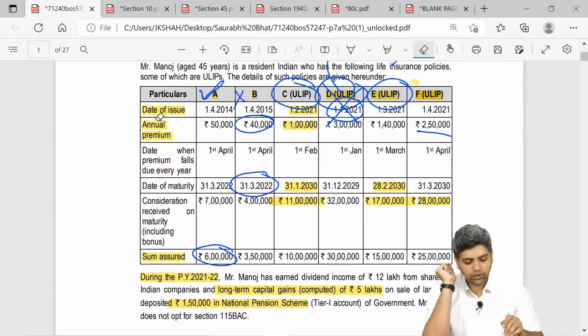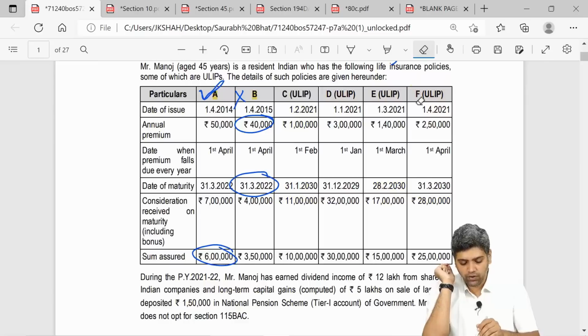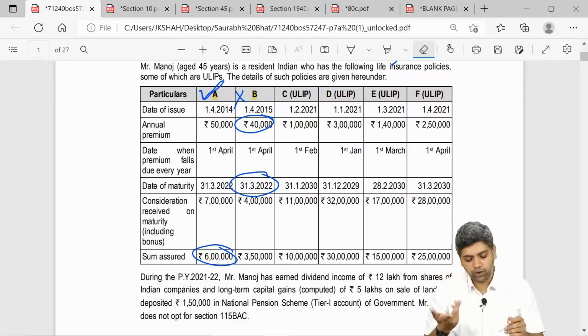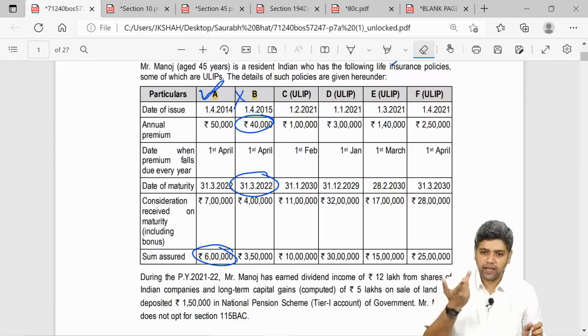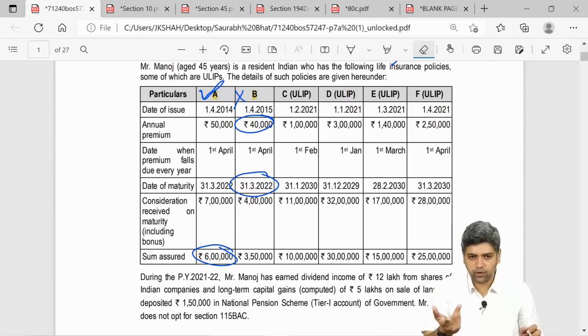Because I told you that the premium paid exceeds 10% of sum assured. Why not policy A? Because for policy A, the exemption of section 10 clause 10D applies because premium paid does not exceed 10% of sum assured.